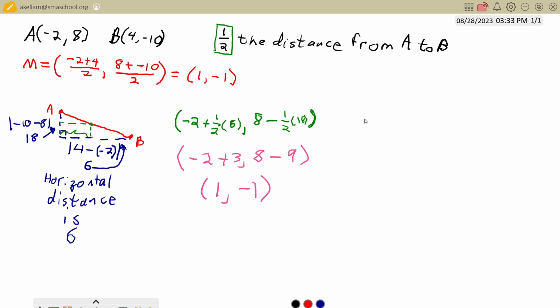But let's summarize the process that we do here. So first, we find horizontal and vertical distance.